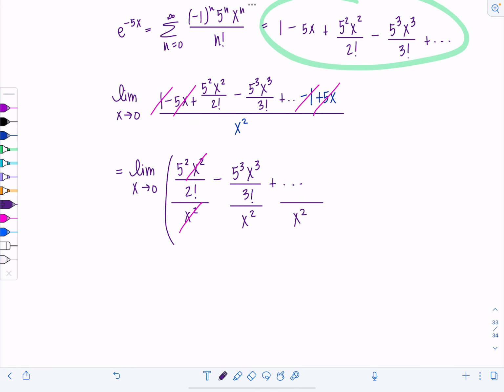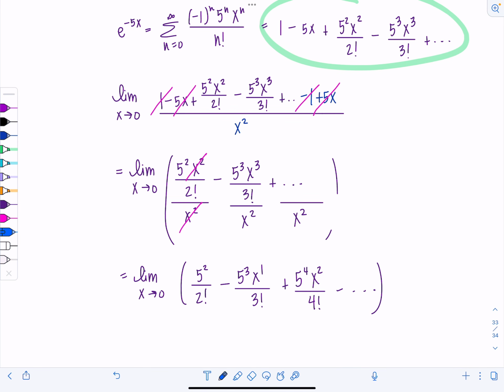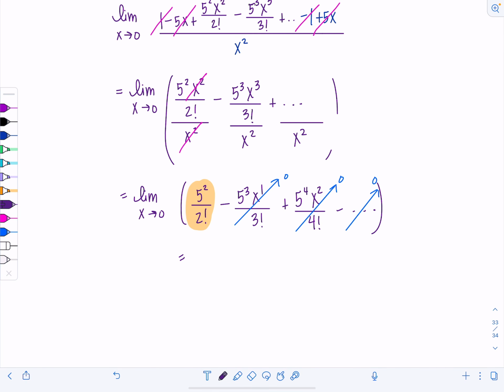So now I have the limit as x goes to 0 of 5 squared over 2 factorial minus 5 cubed x over 3 factorial plus 5 to the 4th x squared over 4 factorial minus blah, blah, blah. And if x is going to 0, this would go to 0, this would go to 0, so does everybody else, except for this little lone soldier. And that's our limit, 25 over 2.